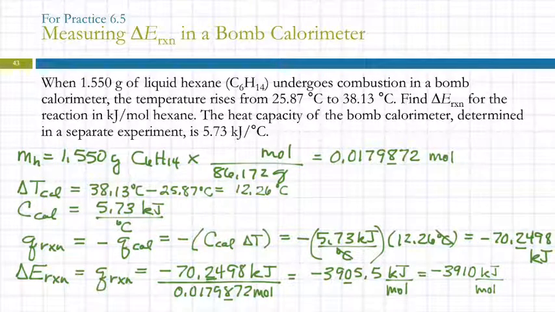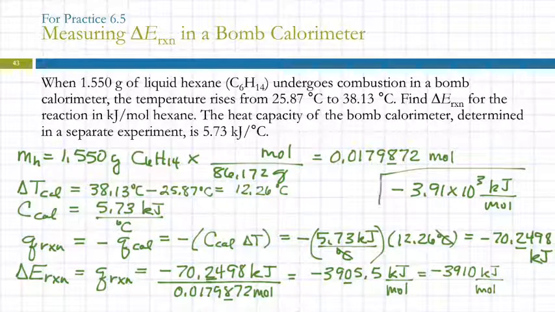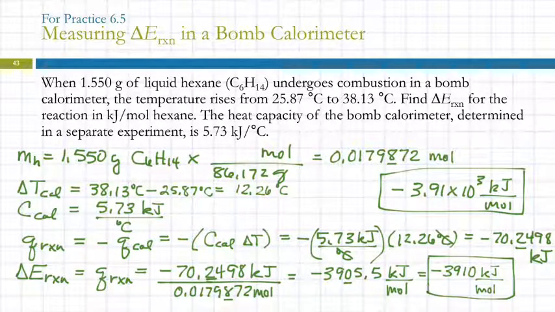Scientific notation would be negative 3.91 times 10 to the third kilojoules per mole. Both of those are acceptable to me. You cannot round it to minus 391. It is not 391. It's 3,910. There's a big difference. Any questions?